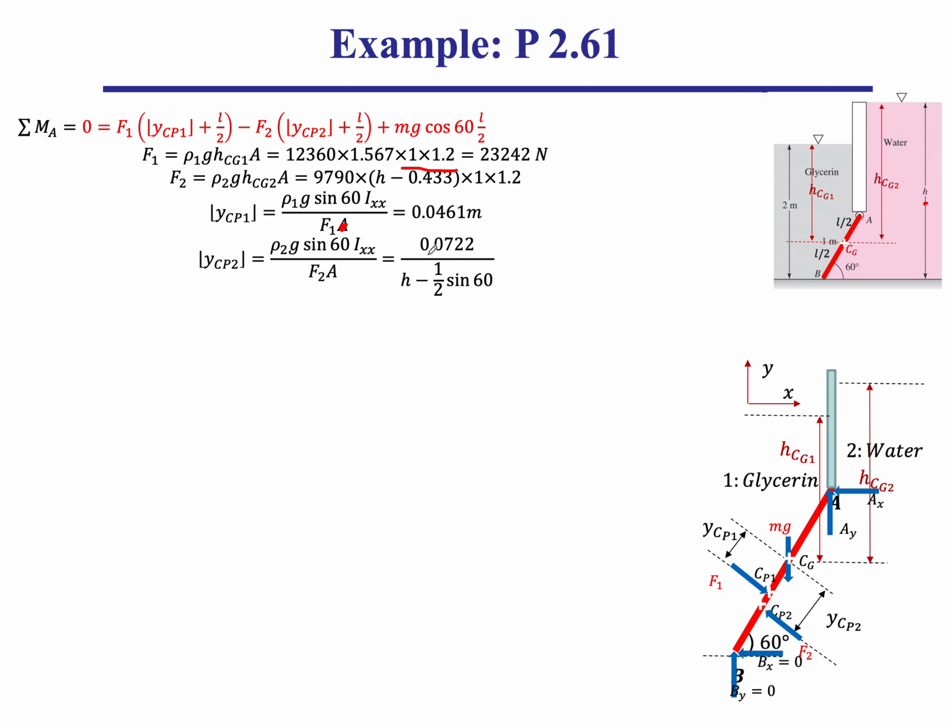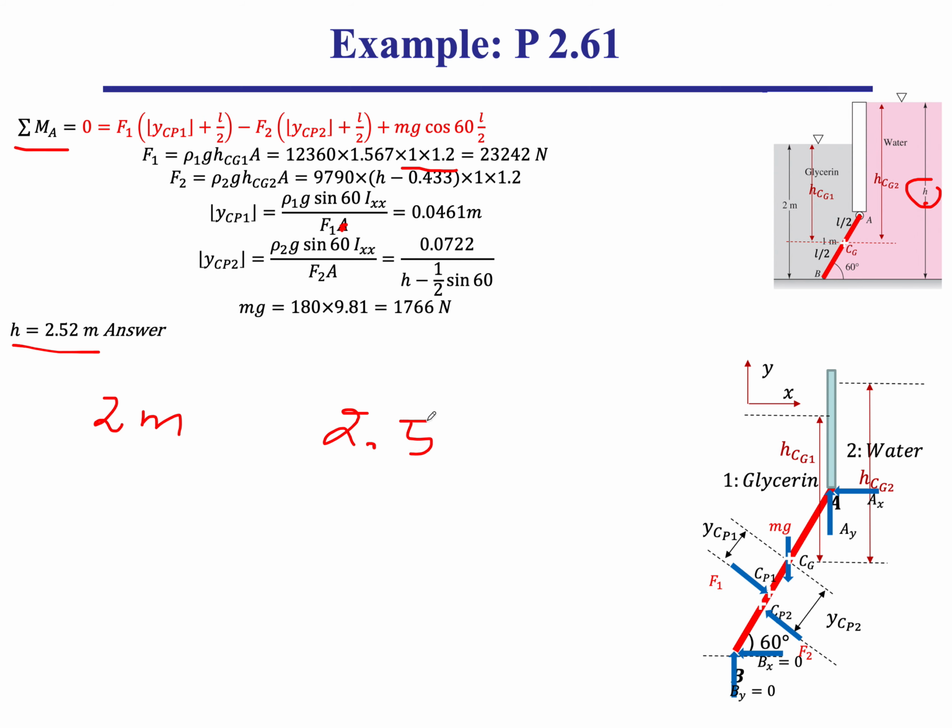It would be a point around 5 centimeters below the center of gravity, and YCP2 will be in terms of H. So here's what you get in terms of H after substitution. And then the mass of the gate is 180 kilograms, so we get the weight. So then you substitute up in the summation of moments, and you get a height of water H to be 2.5 meters. So you'll see I have 2 meters of glycerin, and I have 2.5 meters of water.